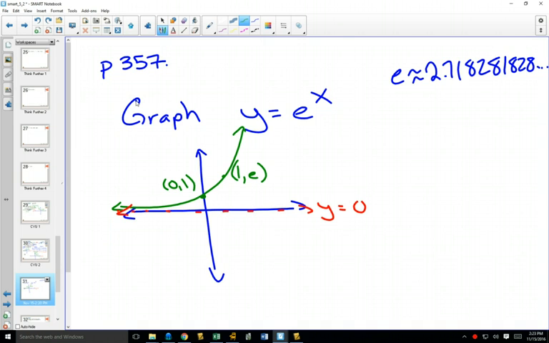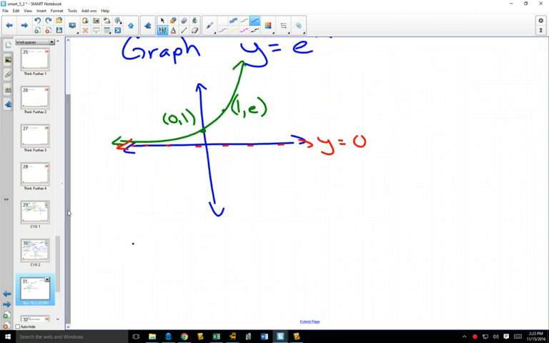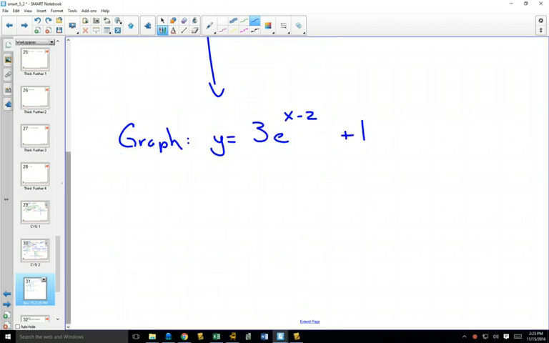And so if you had another one to graph, y equals 3 e to the x minus 2 plus 1, we could do our transformations in the same way we did our transformations with our other graphs.